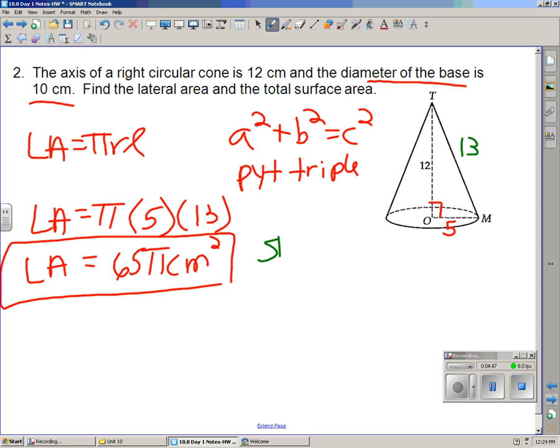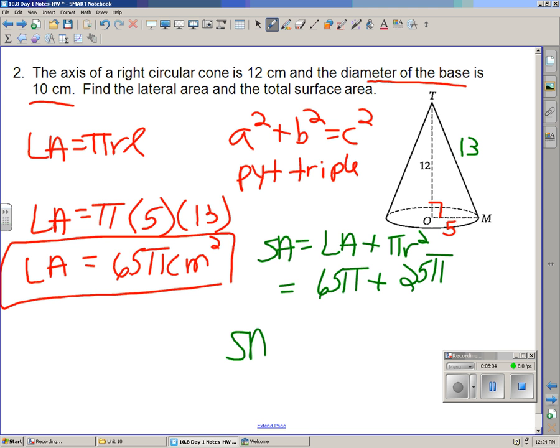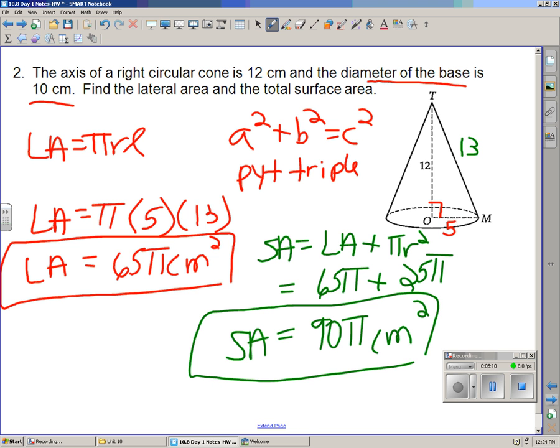So surface area then becomes the lateral area plus pi r squared, the area of the base, which we know is 65 pi lateral area plus 25 pi, 5 squared, for the area of the base, and then surface area becomes a total of 90 pi centimeters squared. They have yet to ask us to round anything, so keep everything in exact answers.